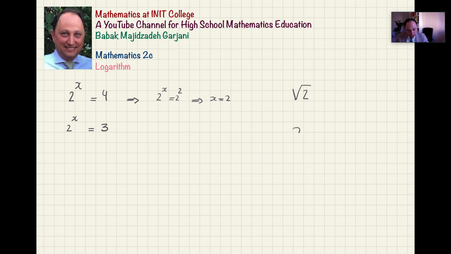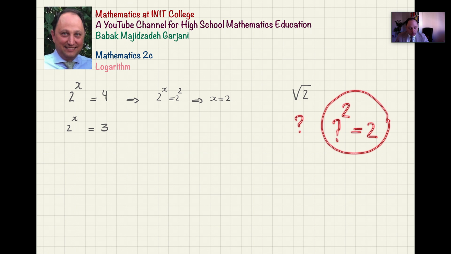Is there any number so that when I square it, it becomes 2? First you need to convince yourself that such a number does exist, and then you should be able to give it a name.